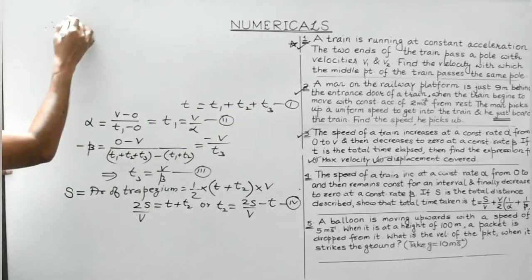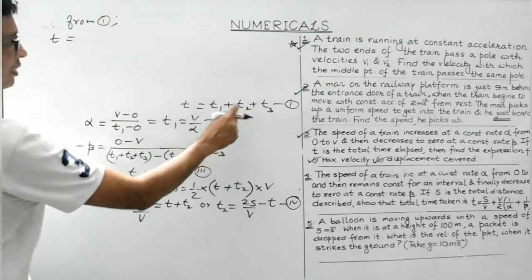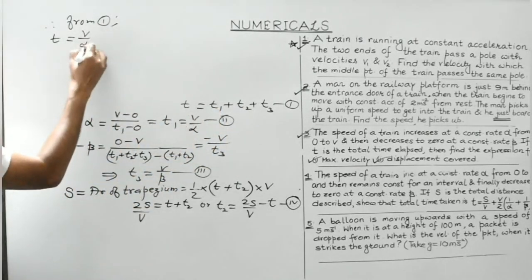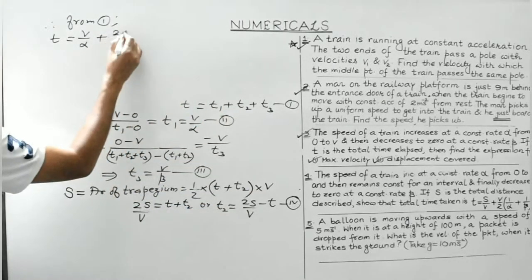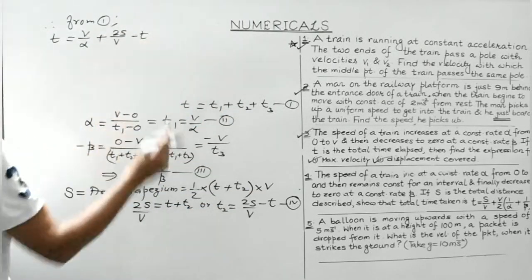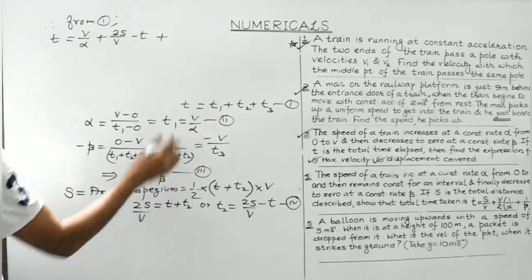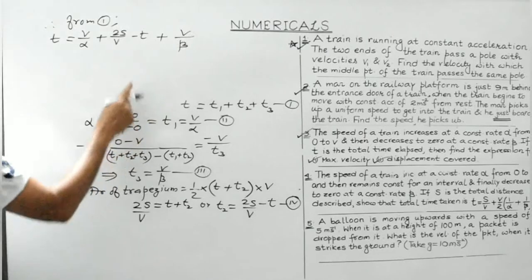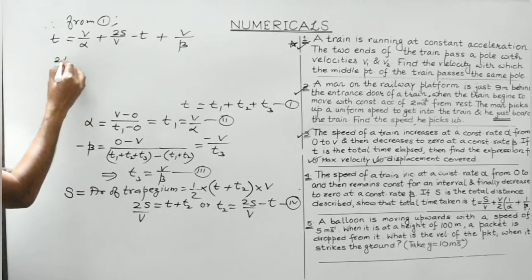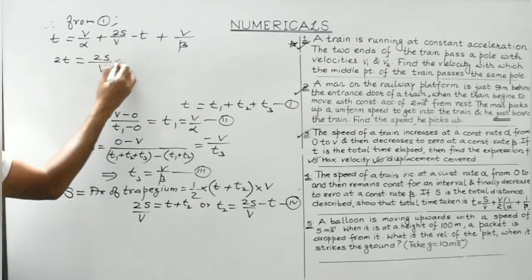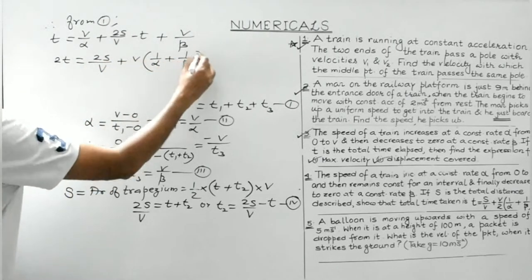So from first, what we get is t equals t1, t1 is v by alpha, plus t2. t2 is 2s by v minus t, plus t3. t3 is v by beta. Okay, minus t. If it comes over here, the sign will get changed, so we will get 2t is equal to 2s by v plus, v can be taken as common, 1 by alpha plus 1 by beta.